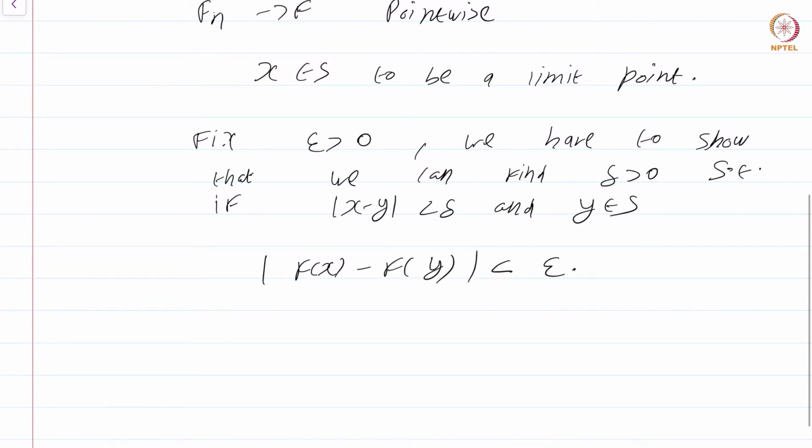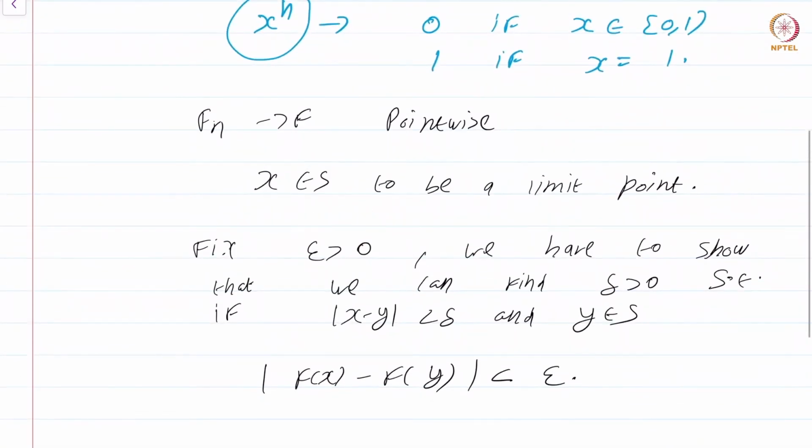This is what we have to do. Of course, I must mention the Fn's are continuous. Otherwise, this whole enterprise is doomed to fail right from the beginning.